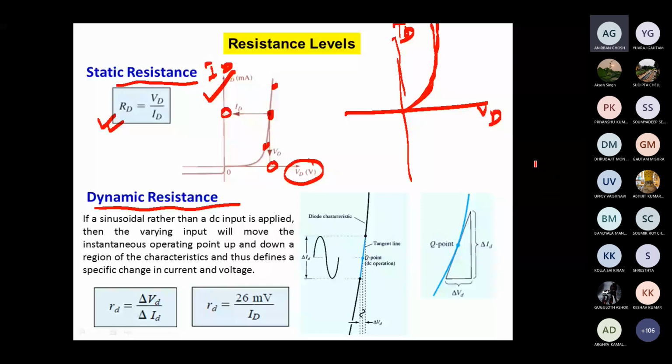When a PN junction is biased, suppose this is the symbol, you have some DC voltage. Now, when you apply an AC signal along with your DC, suppose my DC voltage is this particular value, then one sinusoidal signal you have applied here.